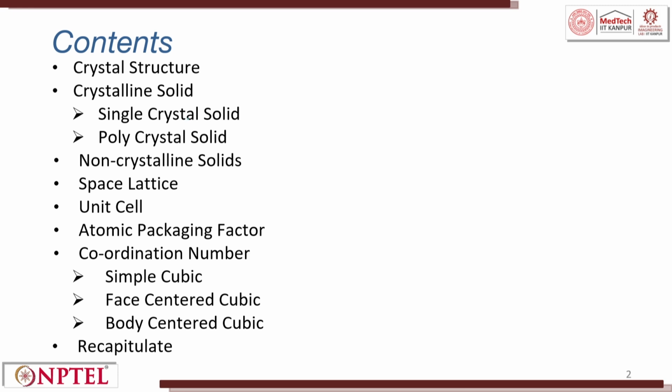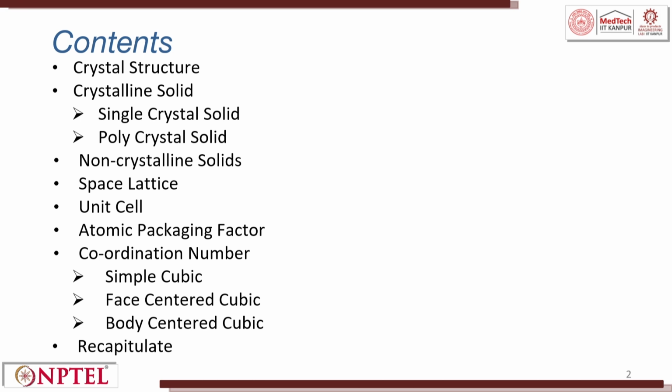Where does this crystal come from? In a big way it is the space lattice. We will understand what a unit cell is, which is nothing but a building block for a complete material. Then, how are these building blocks packed? We will try to see atomic packing factor, then coordination number.